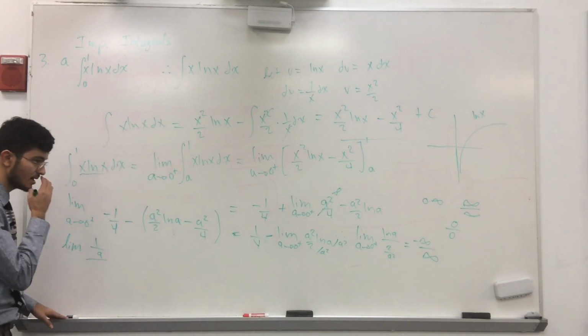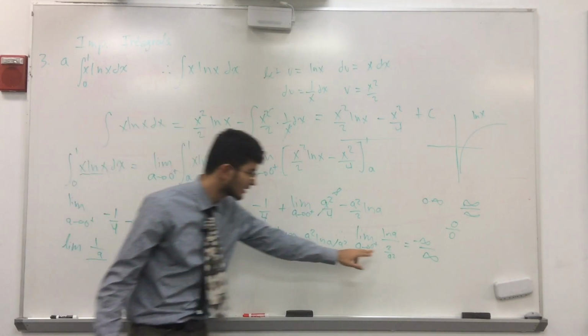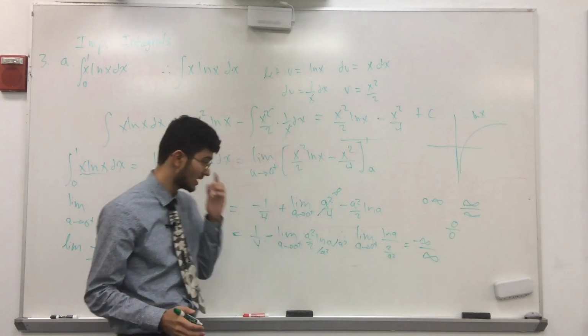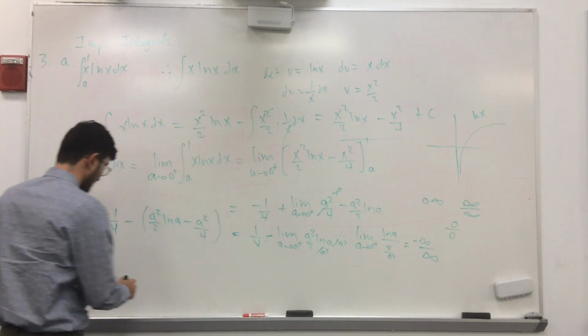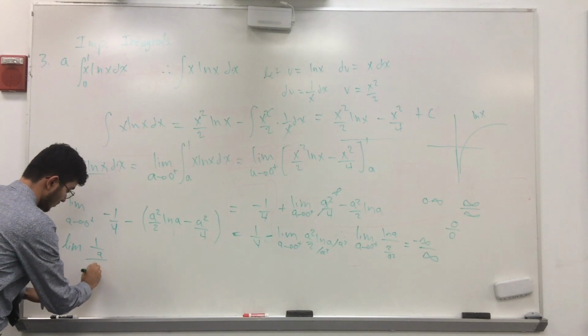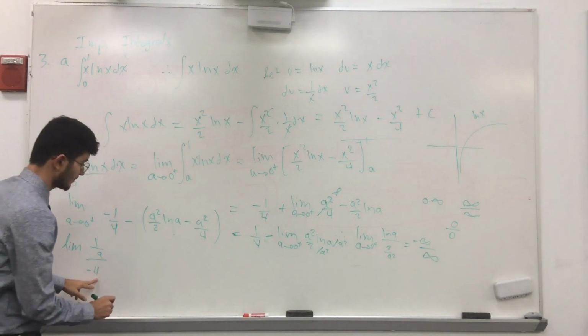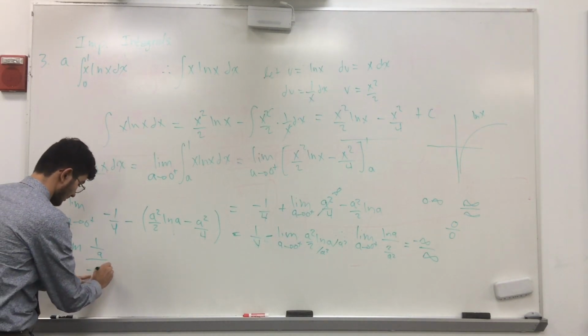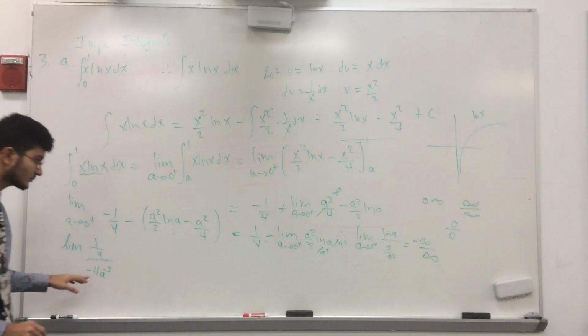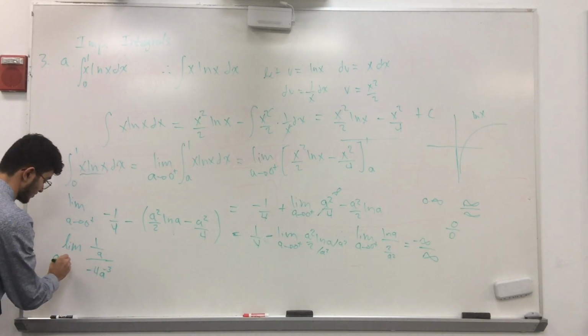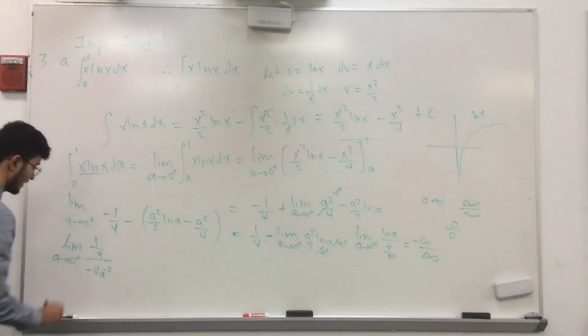If you bring the a on top, that's a to the negative second power. So that's going to be 2 times negative 2, which is negative 4, negative 4 a to the negative third power, as a goes to 0 from the right.